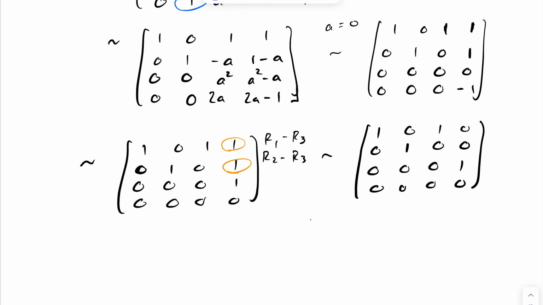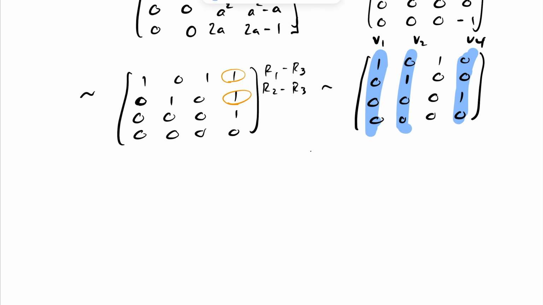And we are here. So quickly taking a look, I can see my linearly independent columns are the following 3. So that means that V1, V2, and V4 are linearly independent columns here. And therefore we have a basis. This is assuming that a is 0. A basis is going to consist of V1, V2, and V4.